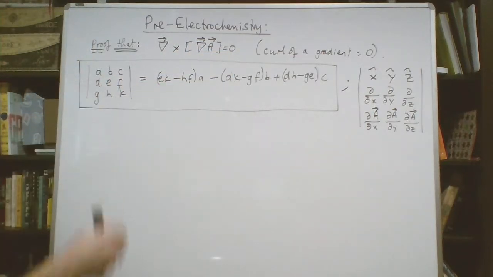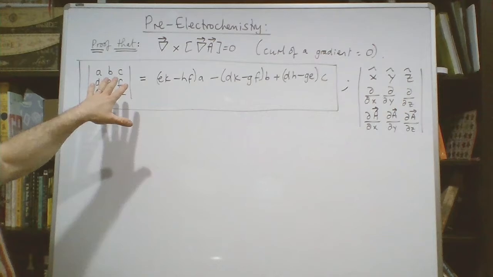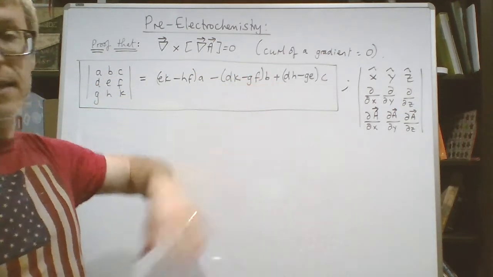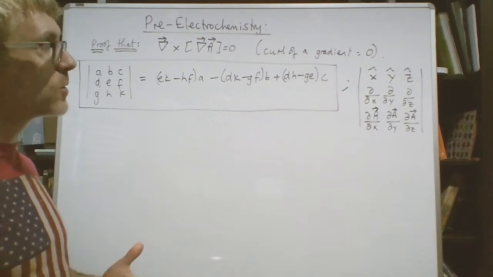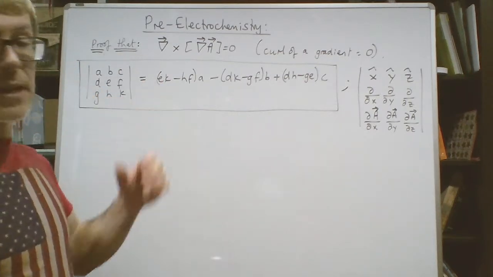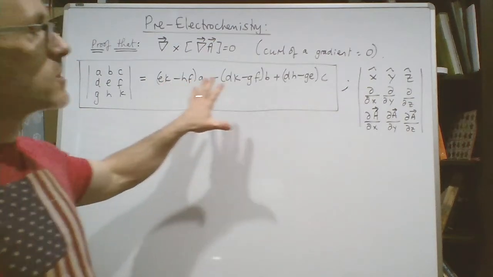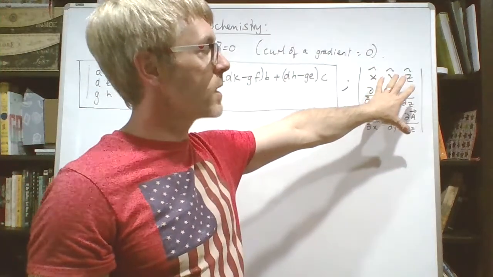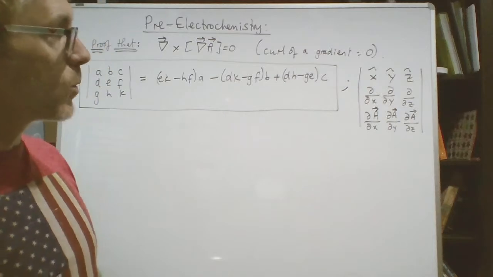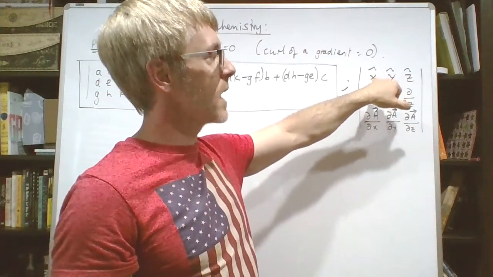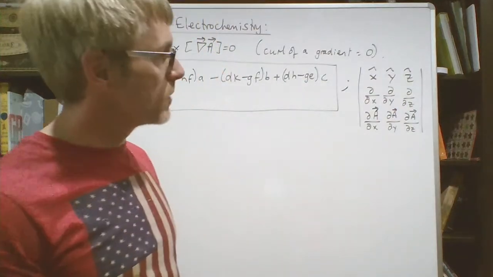Okay, for our benefit, I've recapped the 3x3 matrix and its determinant that we used, exactly the same aside that we used in the previous slide where we showed that the divergence of a curl is 0. And I've also gone ahead and appropriated the correct 3x3 matrix that we need to take the determinant of. So we have our unit vectors in the x, y, and z axes respectively.